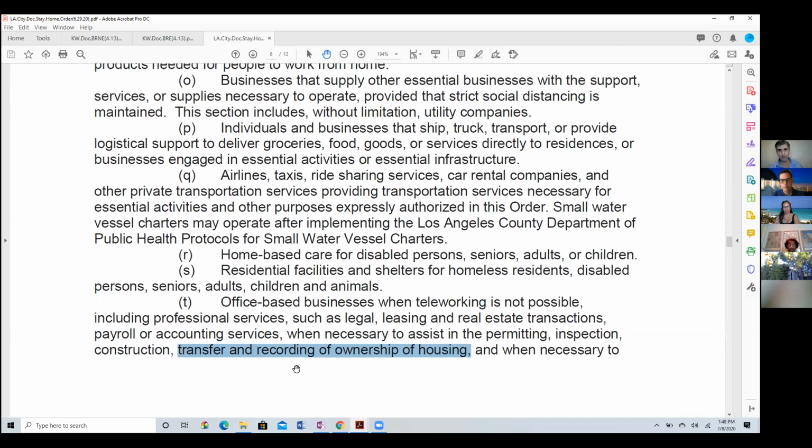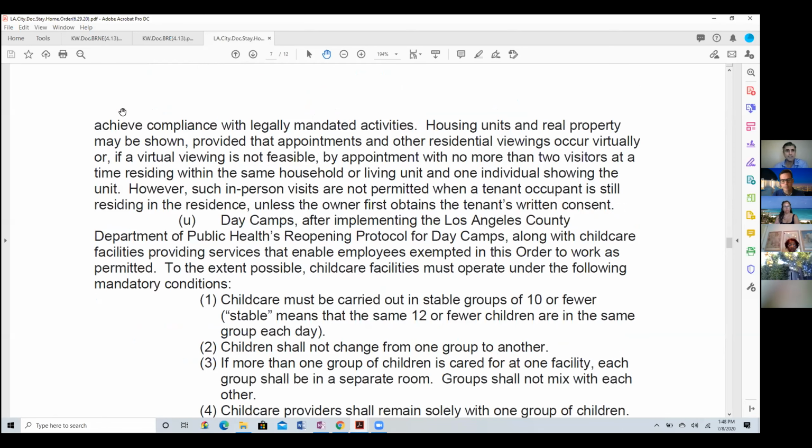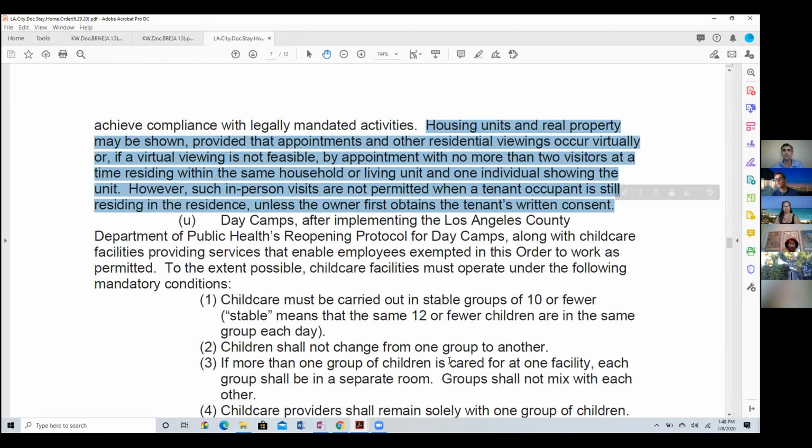Now, I know what's going on out there. I'm just telling you, this is what the LA City Order says. And when necessary to achieve compliance with legally maintained activities. Now, here's where it gets down to particular stuff as to us. The June 29th LA City Order says, housing units and real property may be shown provided that appointments and other residential viewings, that's pre-contract activity, occur virtually, or if a virtual showing is not feasible, by appointment with no more than 2 visitors at a time residing in the same household.